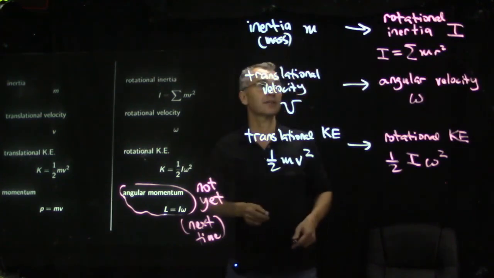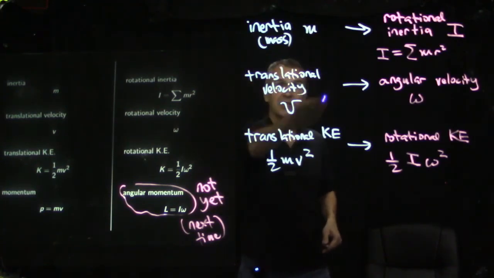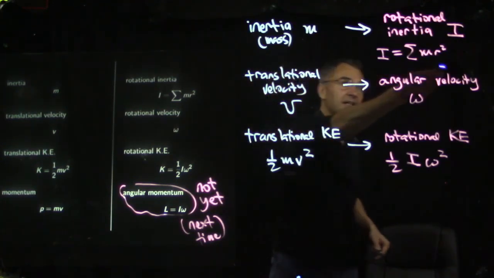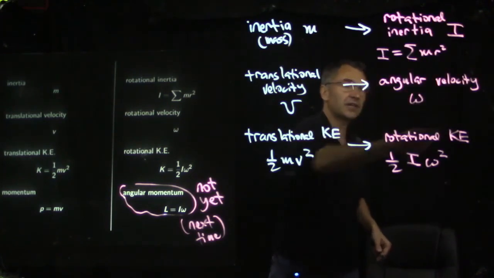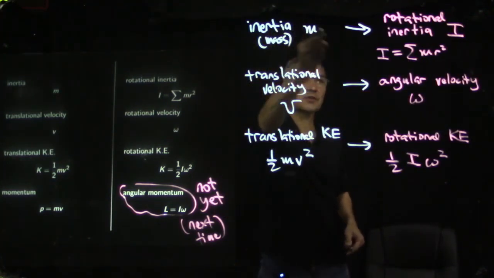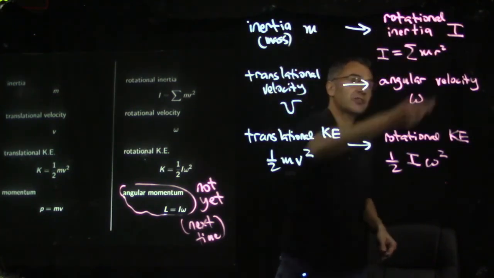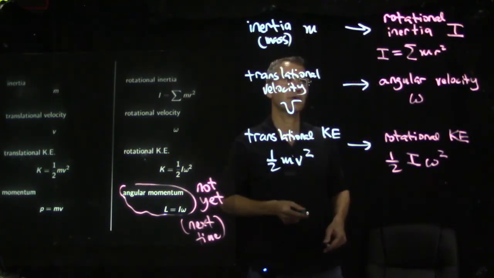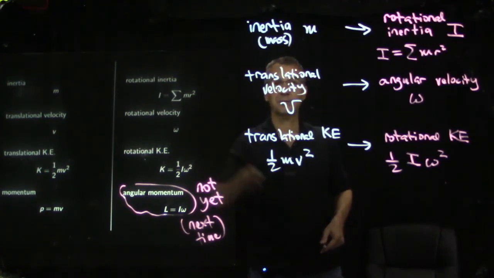And in our case, usually the axis of rotation is the center of mass. Then we have translational velocity, v, and the angular equivalent of that is the angular velocity, omega. So this mass, or inertia, was kilograms. This rotational inertia is kilogram meters squared. This translational velocity is meters per second.